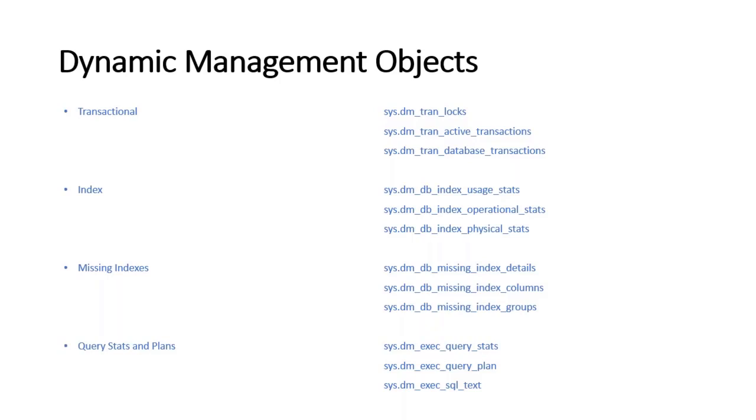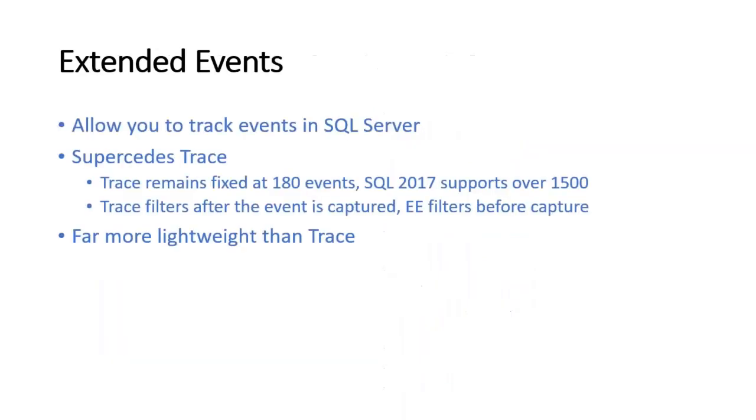There are many, many more; you can check information about your host. You can check the health of your availability groups if you are using them, etc., etc., etc. So definitely these dynamic management objects are the base of every single monitoring technique that we may have.